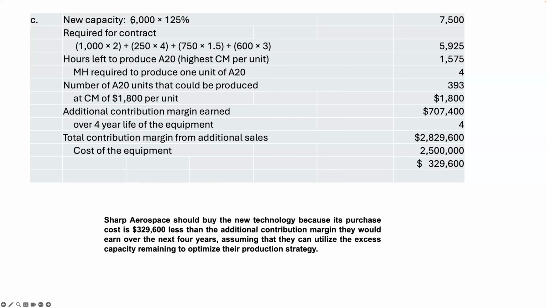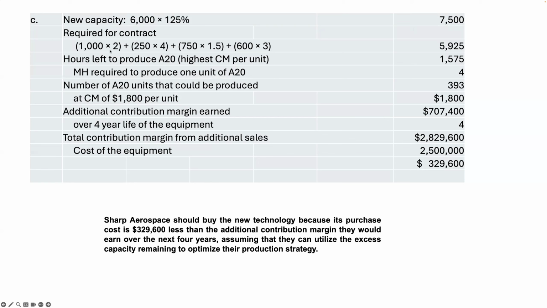Okay, so your current capacity is 6,000 machine hours. And with the investment, you're going to have 25% more. So you times 125%. So your new capacity of machine hours would be 7,500, right? So now you have a current contract with North Plain Company, right?